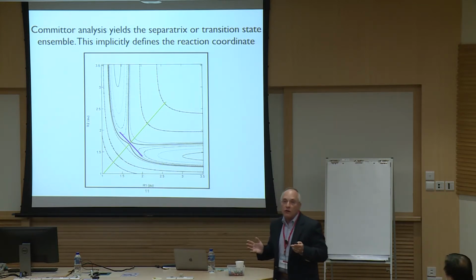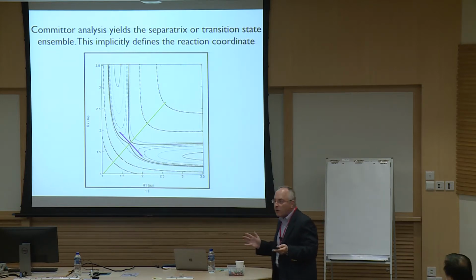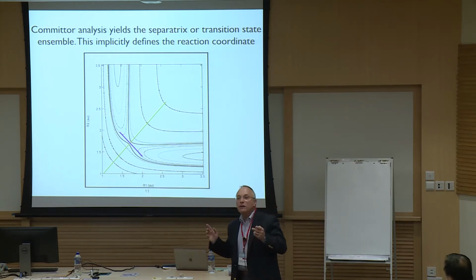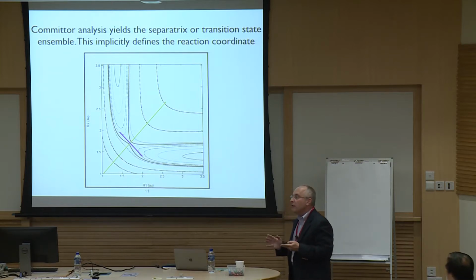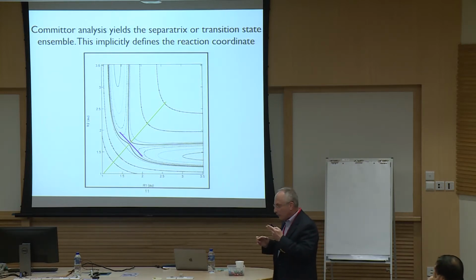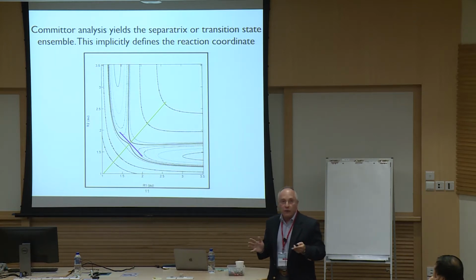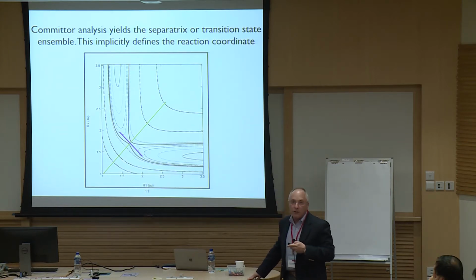This is a low-dimensional system, so the potential energy and free energy really are the same thing. This is a gas phase reaction. If we ran this transition path sampling 1,000,000 times and calculated the separatrix, in other words, the collection of all points that had that 50-50 probability of going backward or forward, you would in fact find this green line. The reaction coordinate, as you can see, is this purple line, which is orthogonal to the green line.